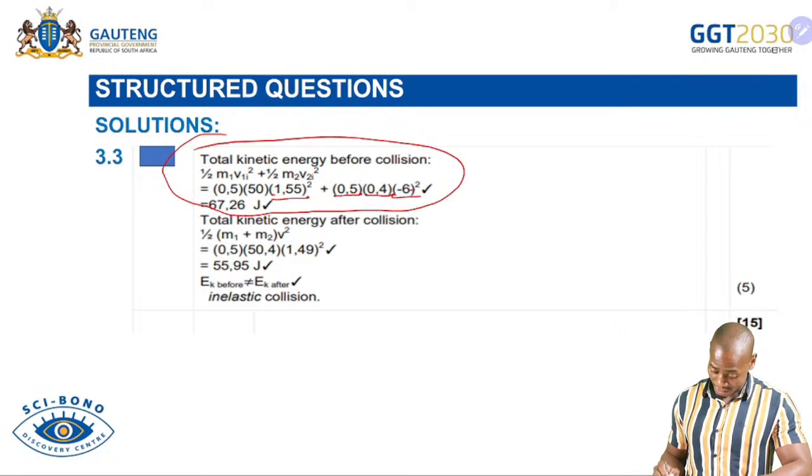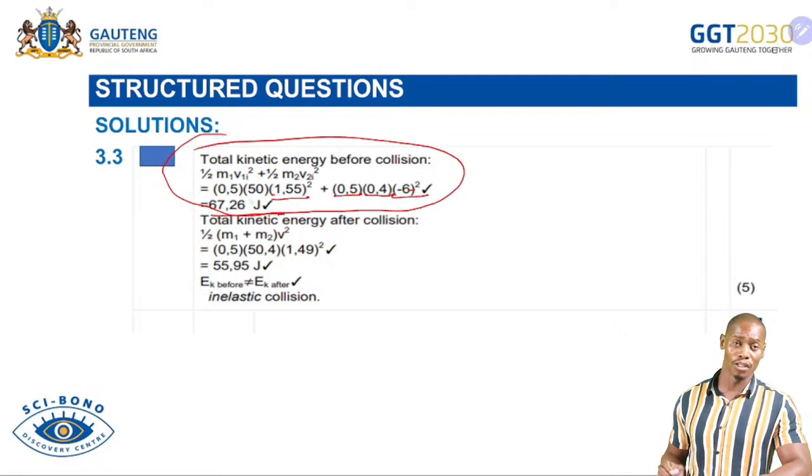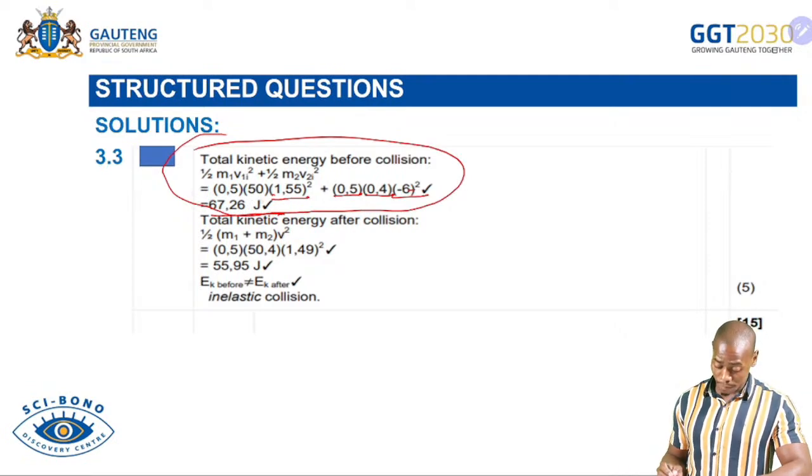And then what is the initial velocity of the ball? It's 6 squared. So it will be 6 squared from the equation. All right. Then our final answer here is 27.6 joules. So it's very, very important to include units, learners. And then remember, energy is measured in joules. Then the total kinetic energy after collision.